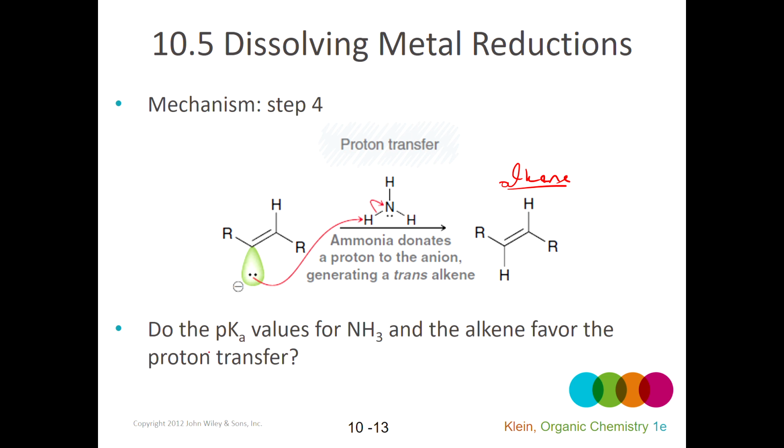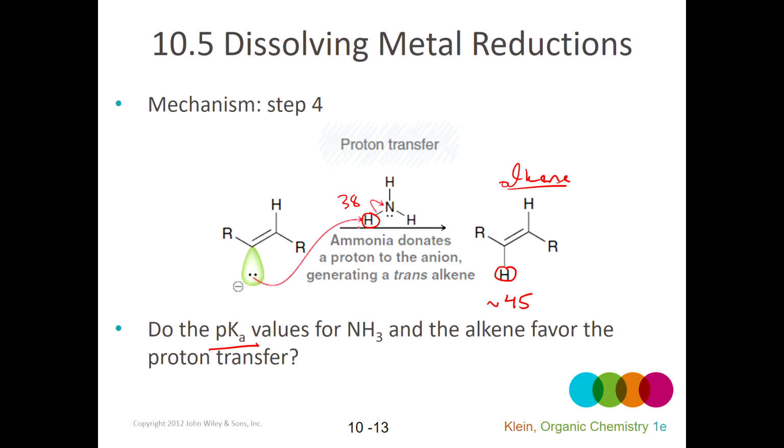So what about the pKa values in this step? Well, if you remember, the pKa value for this proton is around 45, I believe. The pKa value for this proton is around 38.